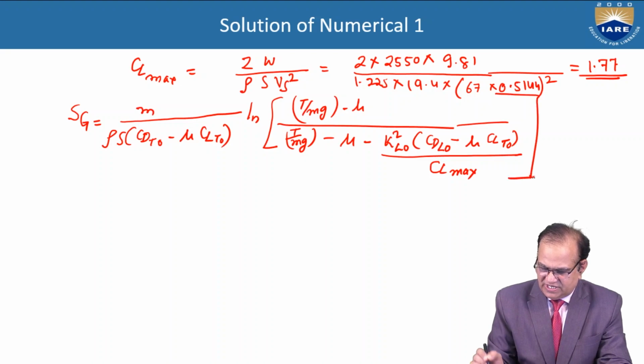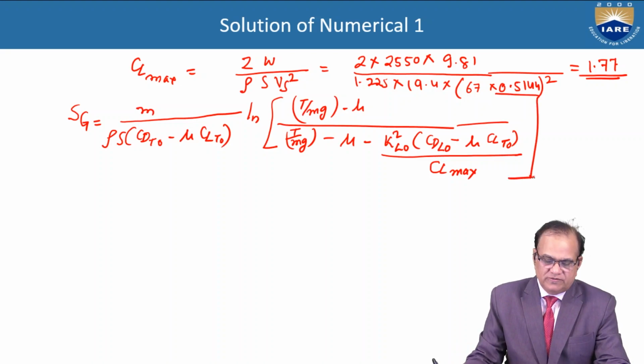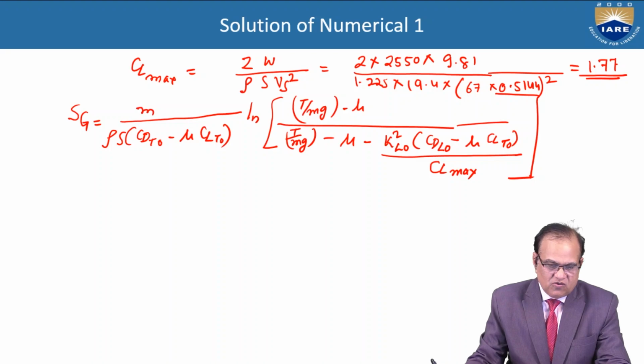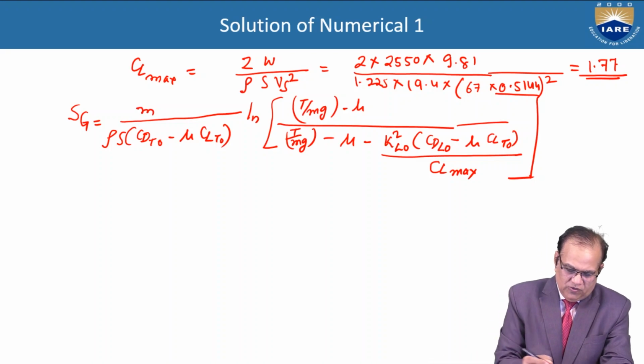So this is the equation to find out the ground roll, and all the parameters we have already found. So now we will put in the values.